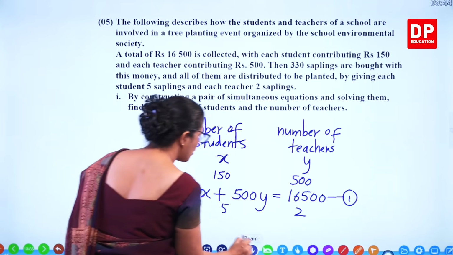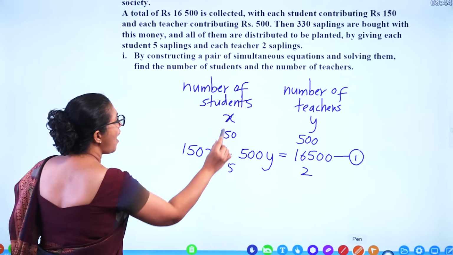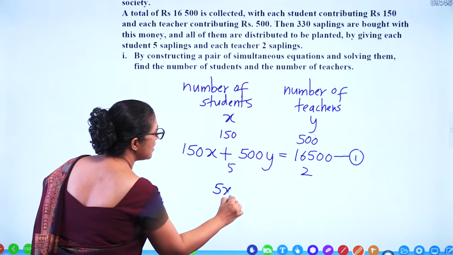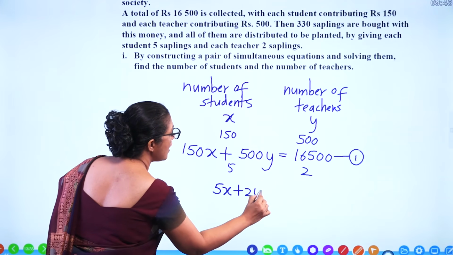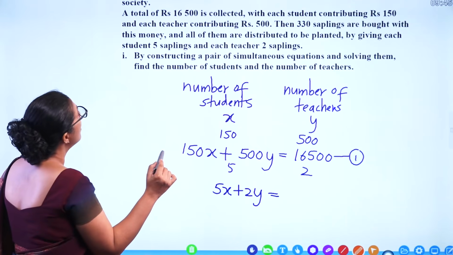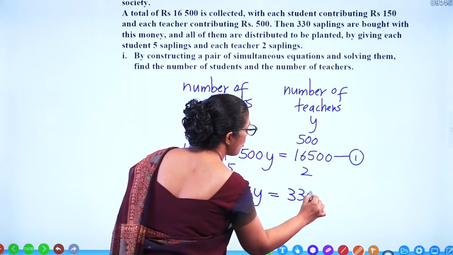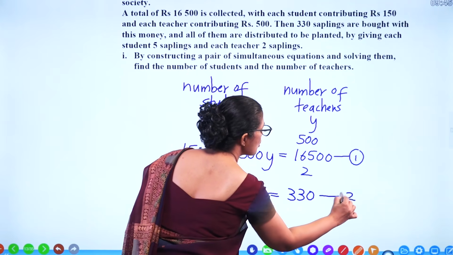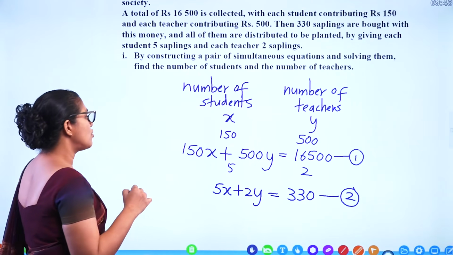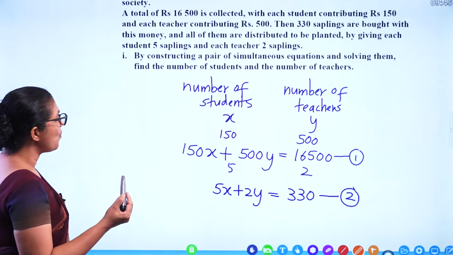So what's the equation you can create now? 5x and 2y altogether 330. That's your second equation. Now you need to simplify and find what x and y are.